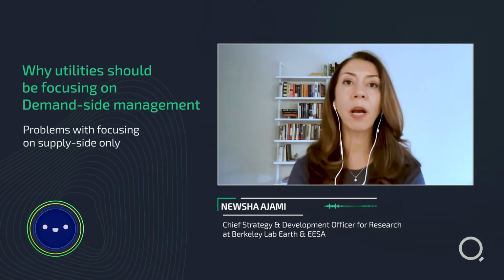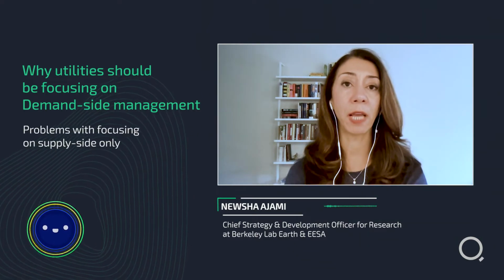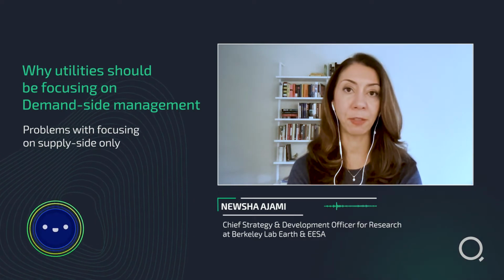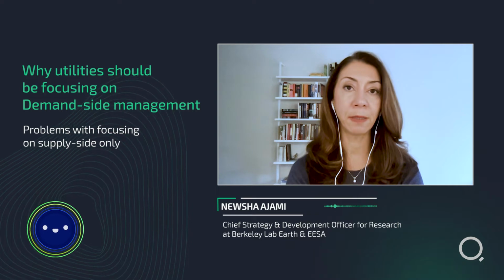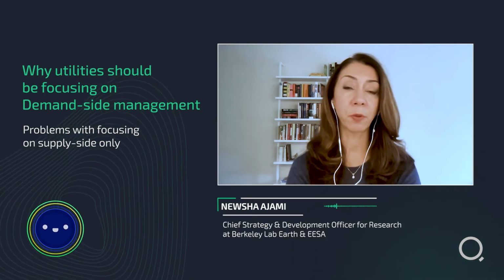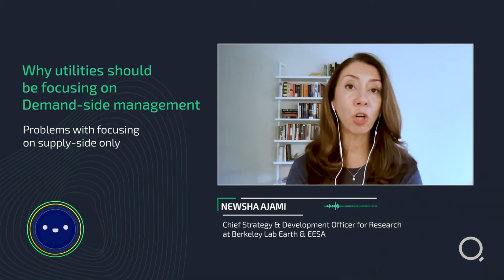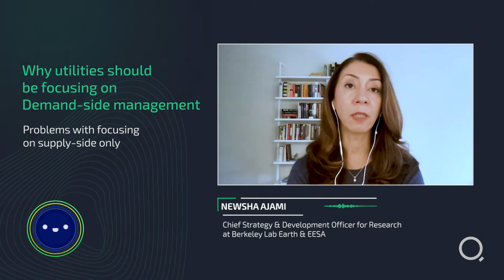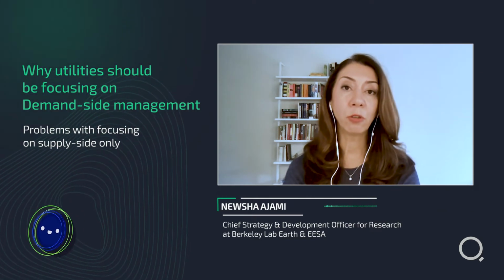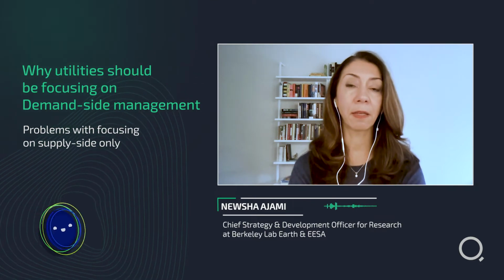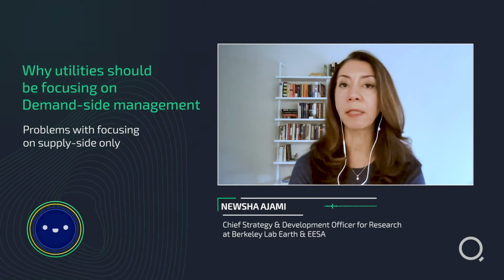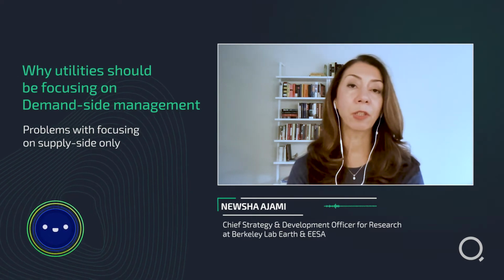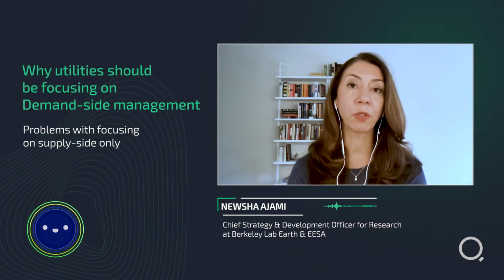As utilities are trying to build more water reliability by focusing on supply side management rather than demand side management, they may actually end up focusing more on building large centralized infrastructure rather than focusing on smaller solutions that can enhance their water reliability and actually create more water for them as a whole.